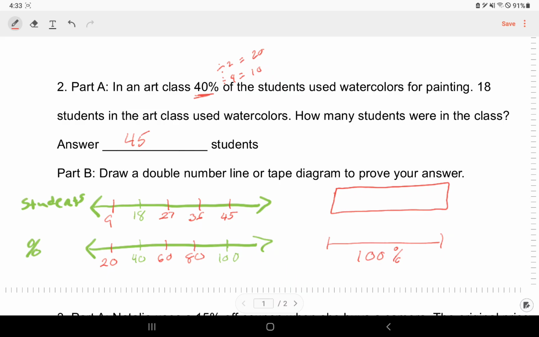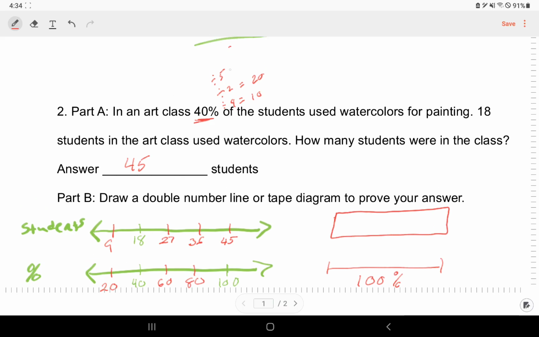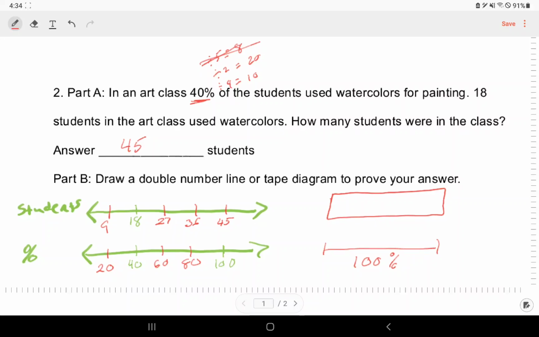So either way works. I could divide by 5 and get 8. Problem is, 8 doesn't get me to 100. Okay.